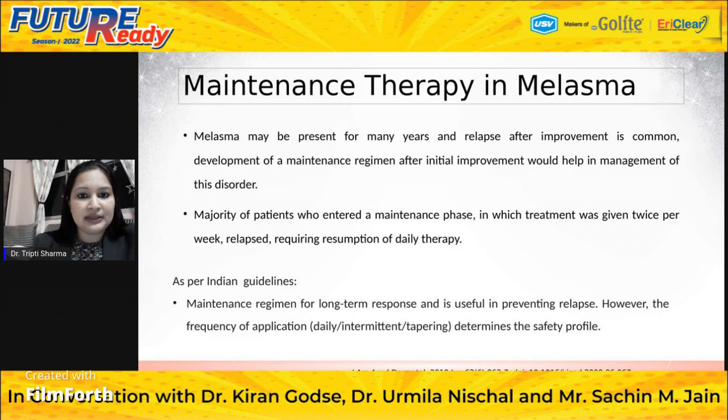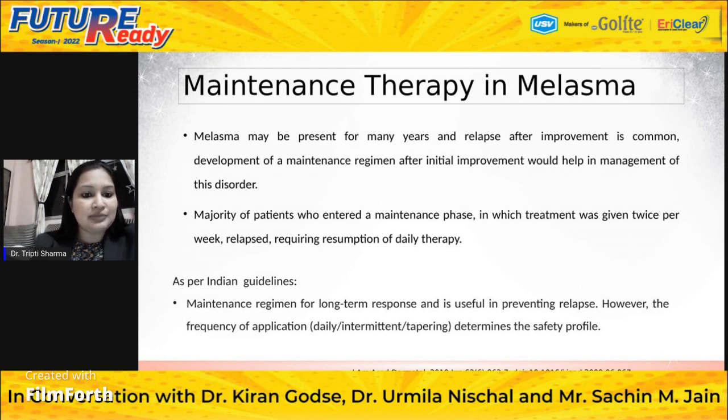Melasma may be present for many years, and relapse after improvement is common. The development of a maintenance regime after initial improvement would help in the management of this disorder. The majority of patients who entered the maintenance phase, in which treatment was given twice per week, relapsed and required resumption of daily therapy.